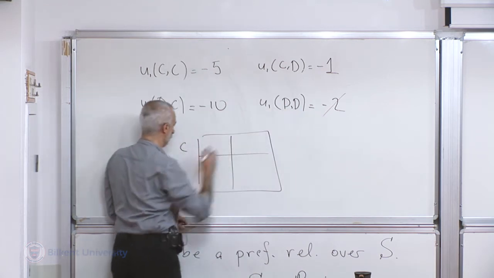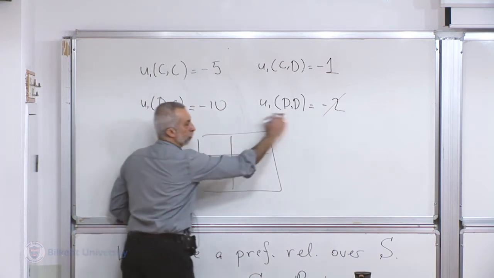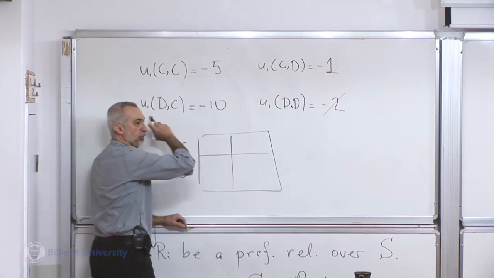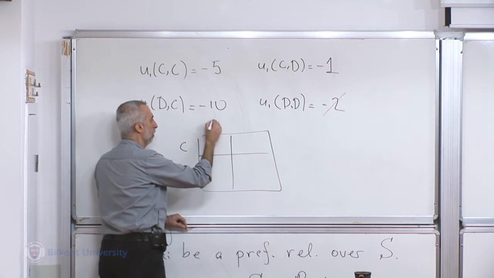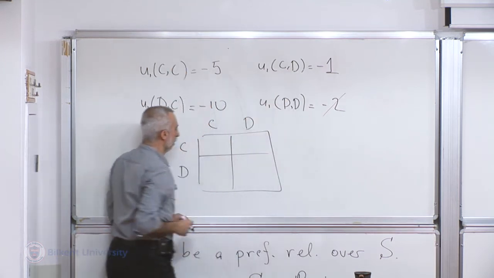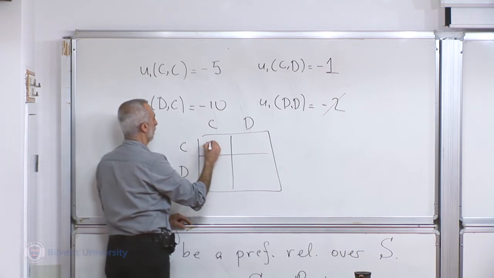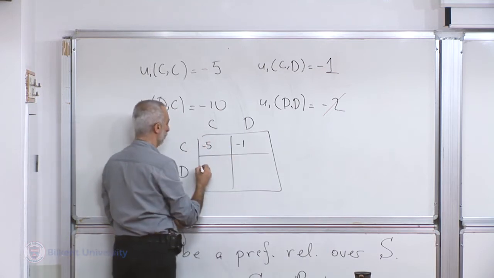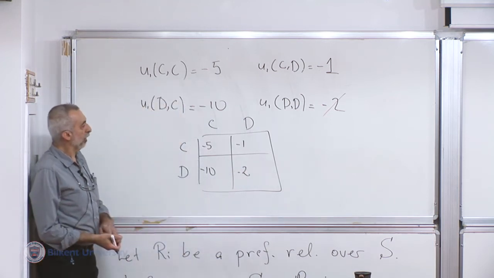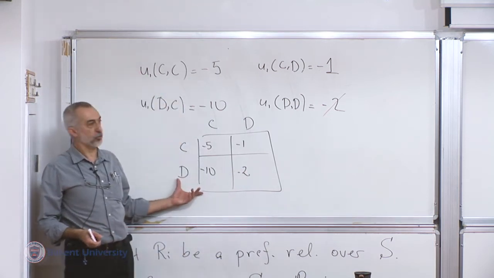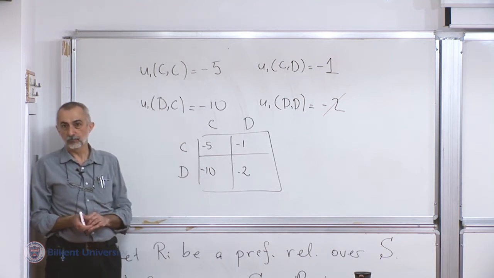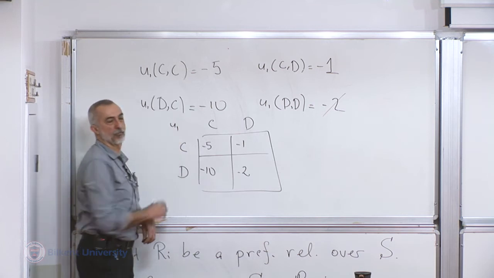First row, all C. Second row, all D. First column, all C. First column, all D. So what I could do is put minus 5, minus 1, minus 10, minus 2 in here. Rather than writing it long like this, I could summarize the whole information in a table. So far, so good? So this will be the table of U1.